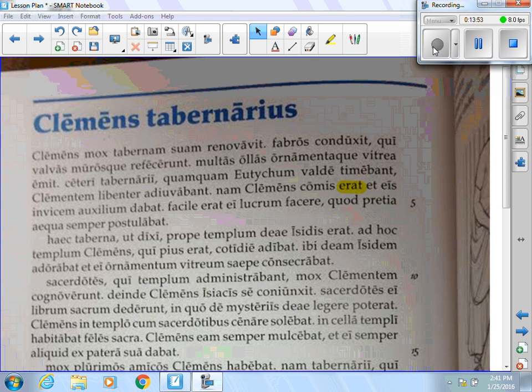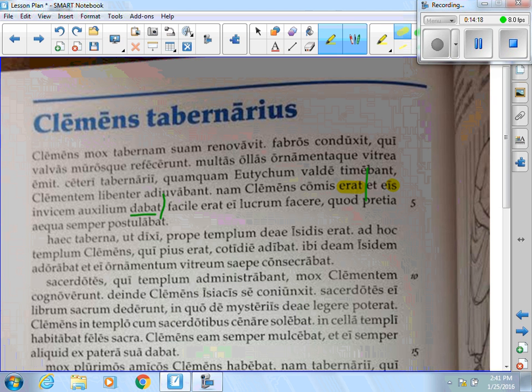Now we get into this next part of the sentence. Again, we have the et, so we're going to make a line there, and we're going to come all the way to where the verb is. This part of the sentence we're going to treat just like we have, because debat is not a linking verb, it's an action verb. We're going to treat it as subject, verb, and direct object. As I look here, I have an is ending, which we haven't been dealing with yet. We have invicem, which looks like em.